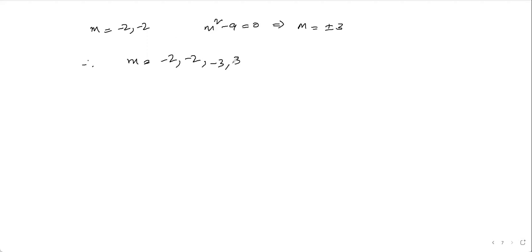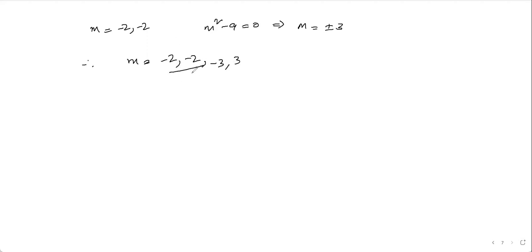Now we got the roots m which is minus 2 and minus 2, and the equation m square minus 9 is equal to 0, or m as plus or minus 3. So therefore we got the roots as minus 2, minus 2, minus 3, and 3.